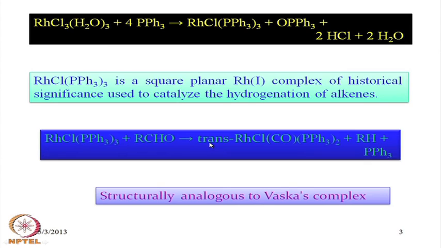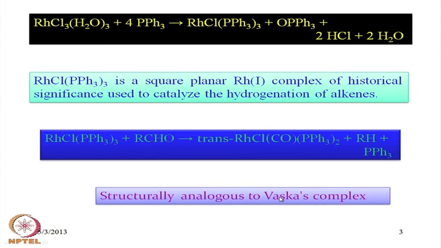When we consider the isomers, we will discuss again in detail the effect of the donor groups, what they are doing due to the presence of these two groups trans to each other as well as cis to each other.